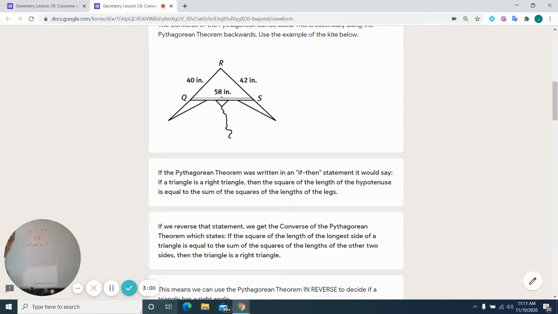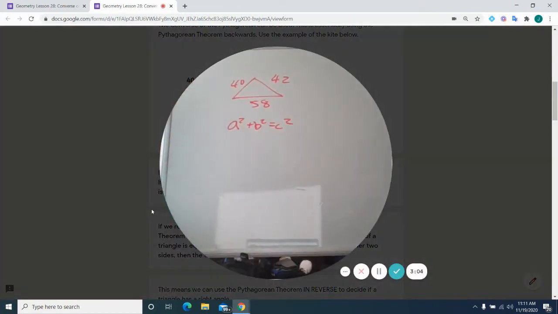What we're doing here is testing which one of those, if this is a right triangle, has to be c. c is always the longest side, so that would have to be c. So let's plug it in.